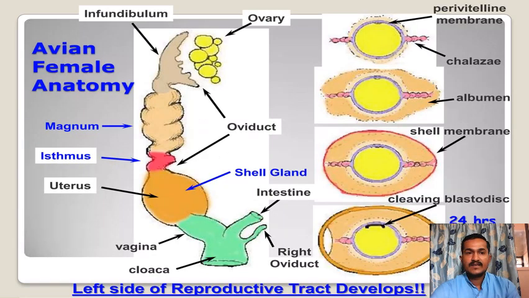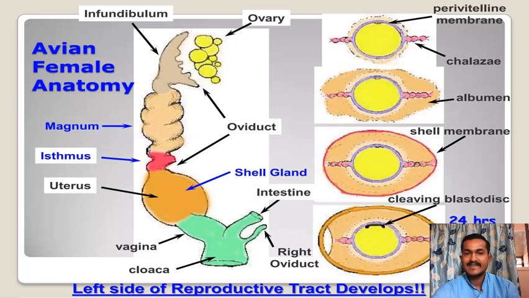you can see this one is the ovary, and this is the infundibulum. That is the spiral-like structure known as the magnum, and just below the magnum there is a smaller structure known as the isthmus. The isthmus is followed by the next tube-like structure, the largest, balloon-like, that is the uterus.